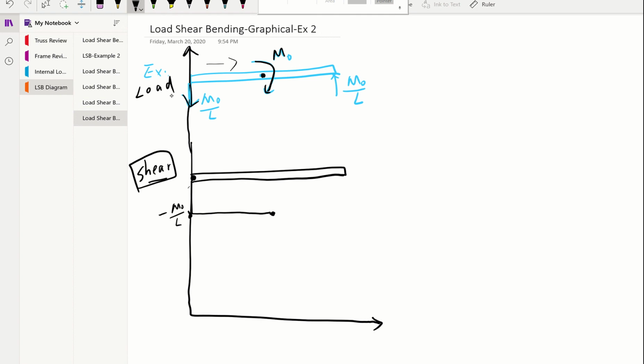It's a moment. This moment, however, will impact your moment diagram down here, but we are not there yet. So at this point, we continue. Watch out for that point, okay? Once you get here and you have a concentrated load going upward from negative M naught over L, go up the exact number, so that's going to get back to 0. That's our shear diagram.